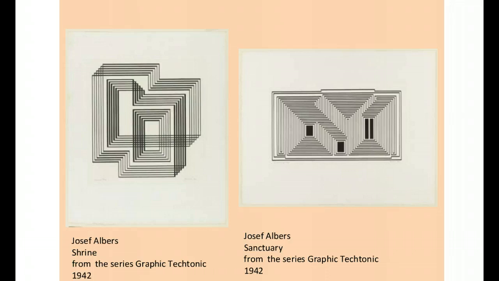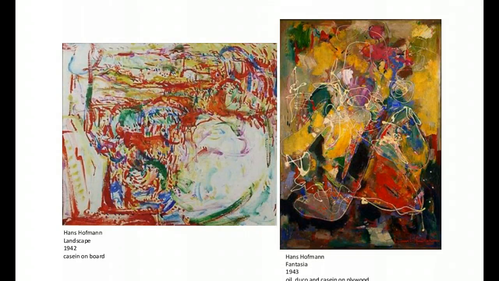Josef Albers is one of the guys I talked to you about who was a teacher at Bauhaus. He was a teacher at Black Mountain College as well. Here are some later prints that he was doing inside the United States. And here are two Hans Hofmanns. And this Fantasia on the side here is, I think, a better indication of this.